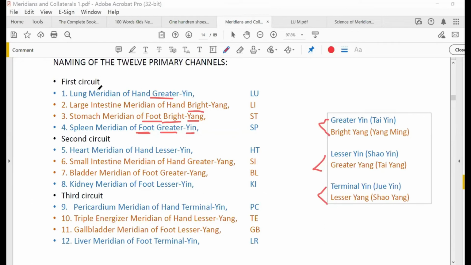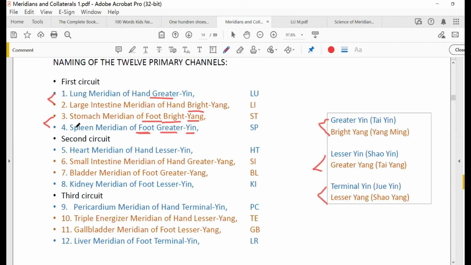So in the first circuit, yin, yang, yang, yin. This one, one yin, one yang. This one, one yang, one yin. In TCM, yin and yang have to be balanced.